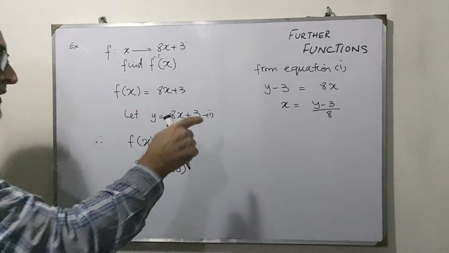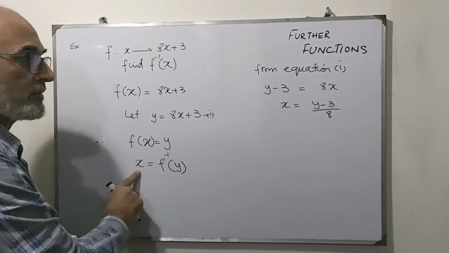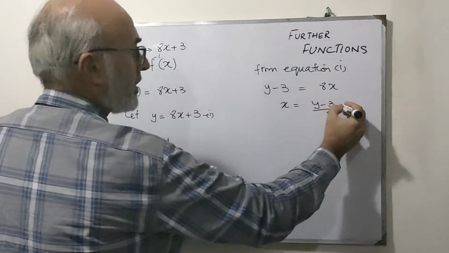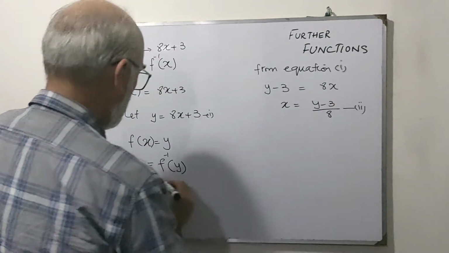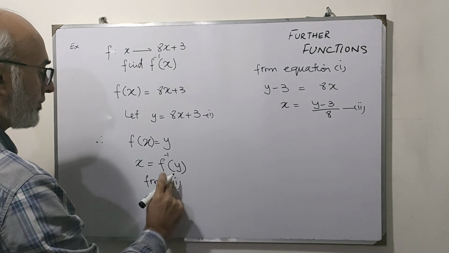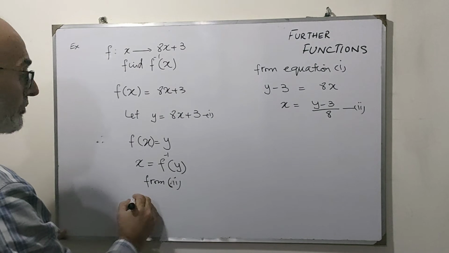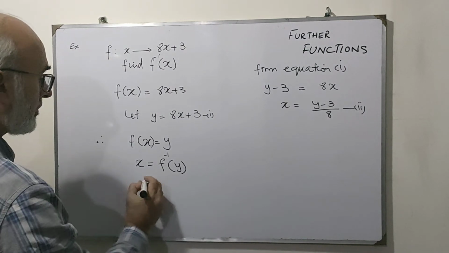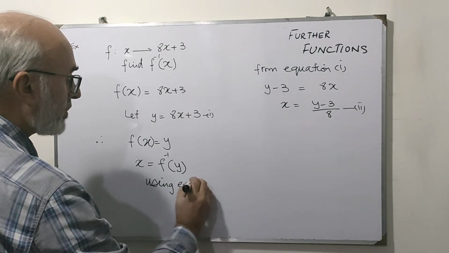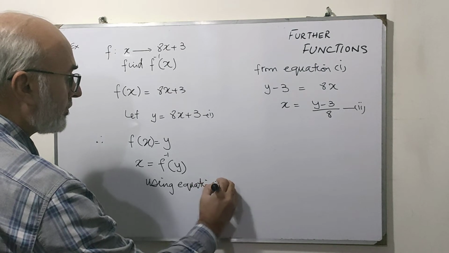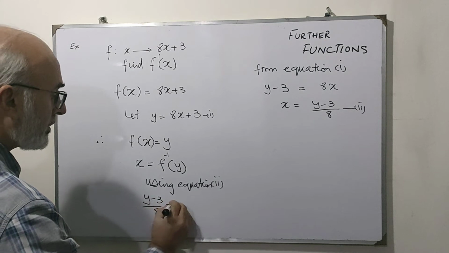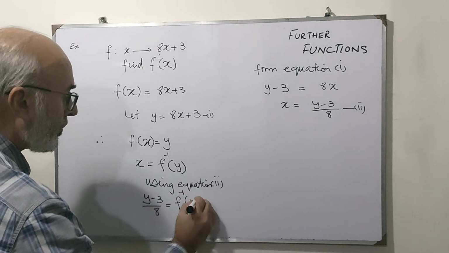Okay, now instead of this x, I can replace it with this x value. Okay, so if I say this is 2, so from equation 2, (y minus 3) over 8 is equal to f inverse y.